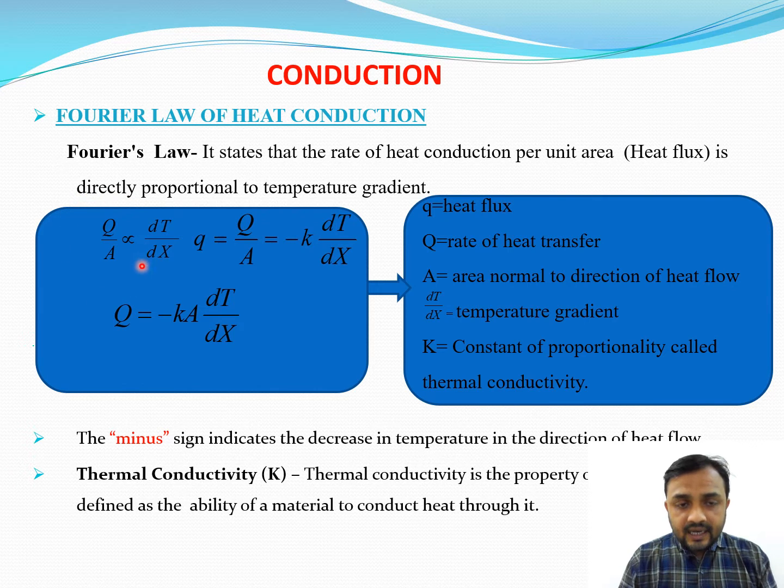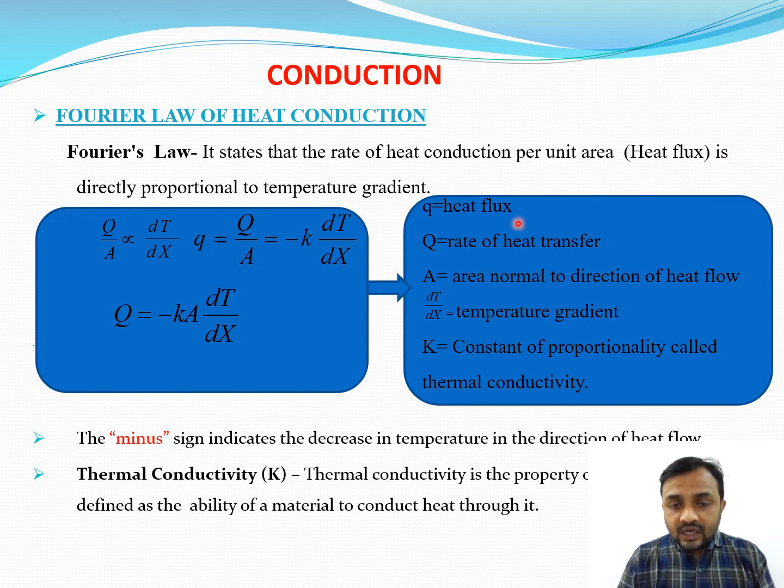Q by A is equal to small q is equal to minus k dT by dx. Then Q is equal to minus k A dT by dx, where small q is known as the heat flux.